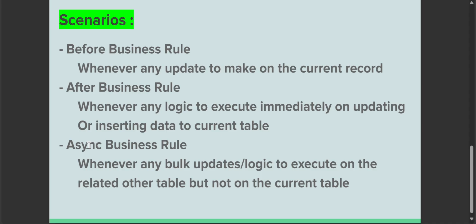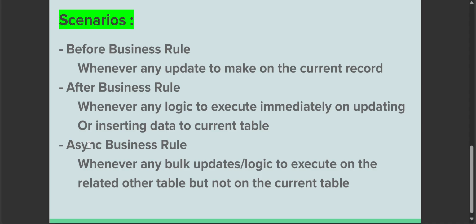20 child incidents, or maybe you are working on a CMDB record. If you are updating one CMDB record and there are n number of child tables under your one CMDB table, or a hardware table, suppose there are n number of child tables under the hardware table.